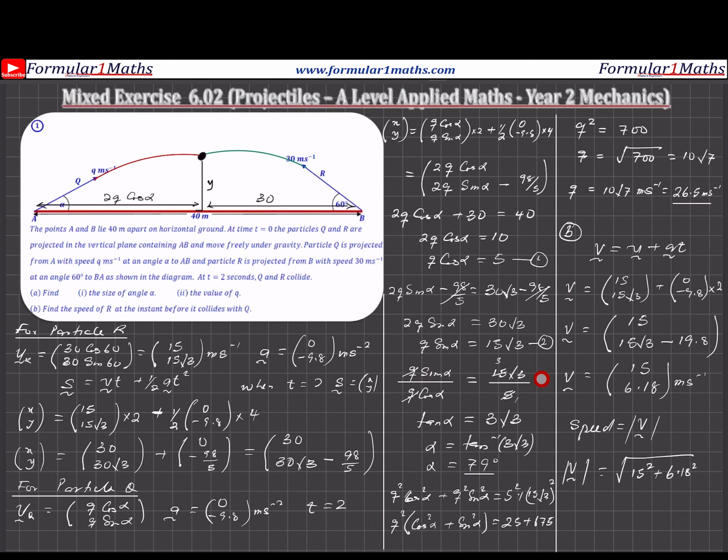So we are finding the magnitude of this vector here. And then if you evaluate that, you're going to get 16.2 meters per second. And so that's the speed of R at the instant it collides with Q.